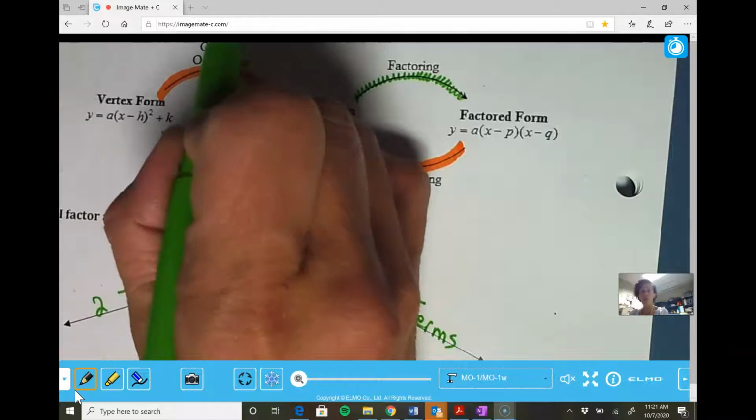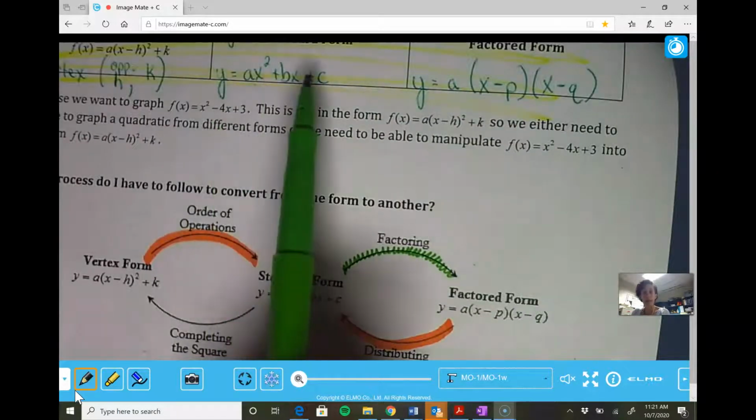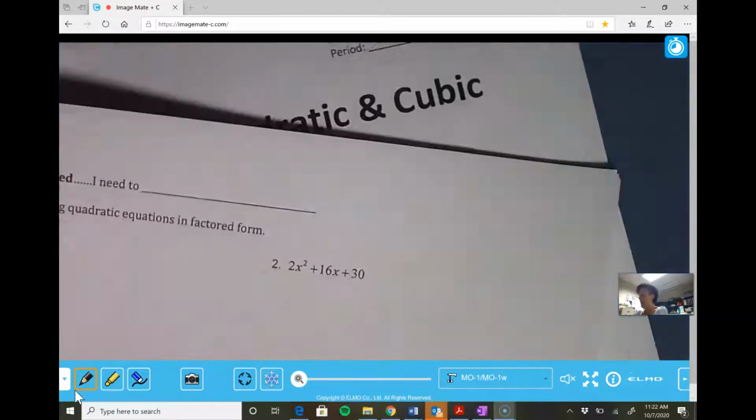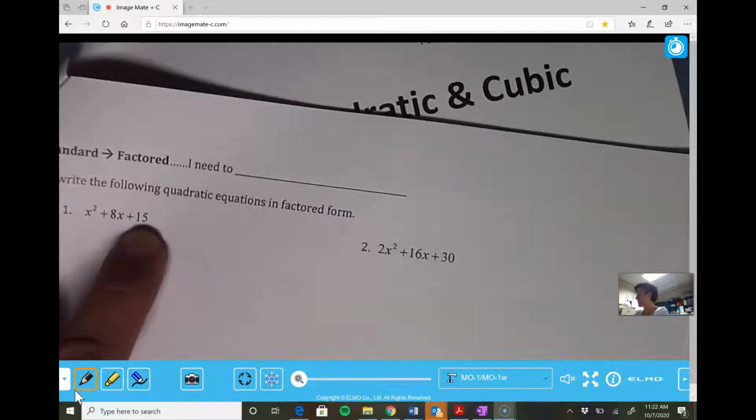So in standard form, ax squared is a term, bx is a term, and c is a term because they're separated by addition or subtraction. And if I go to page 9, x squared is a term, 8x is a term, 15 is a term.